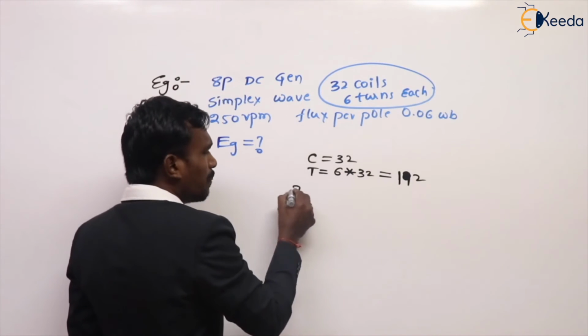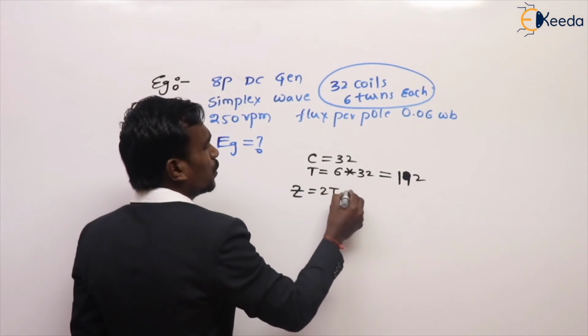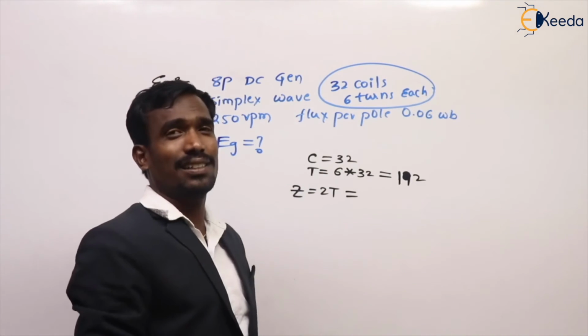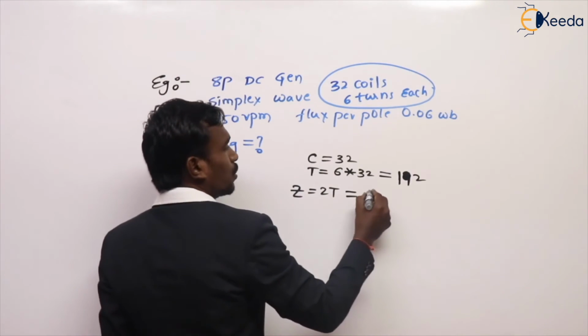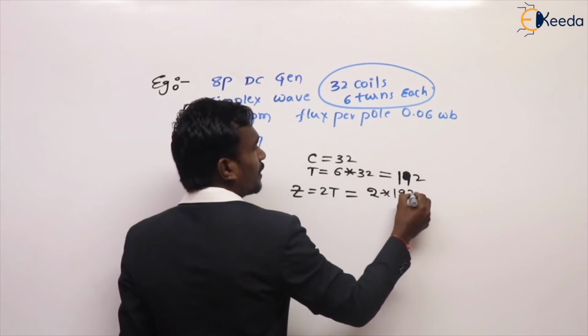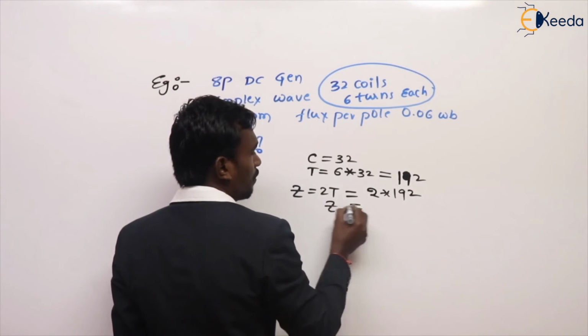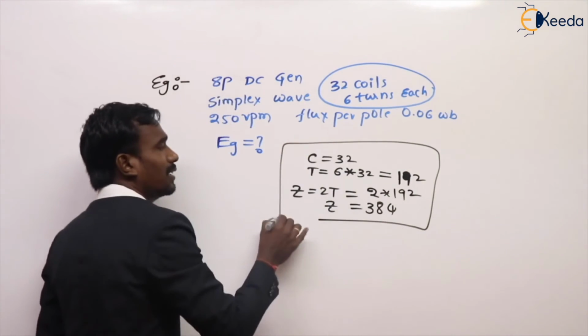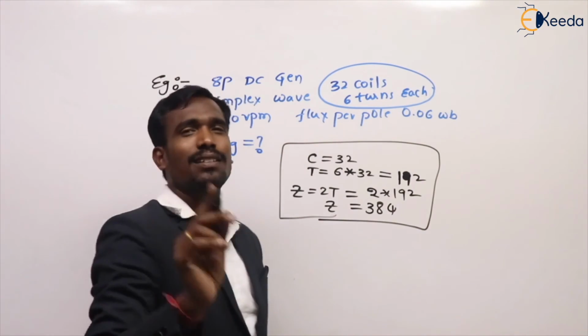And we know the number of conductors is equal to 2 times the turns, because every turn has 2 conductors. So what is the answer? 2 times 192, the total number of conductors, is equal to 384. You have to calculate like this, then only you can get the answer.